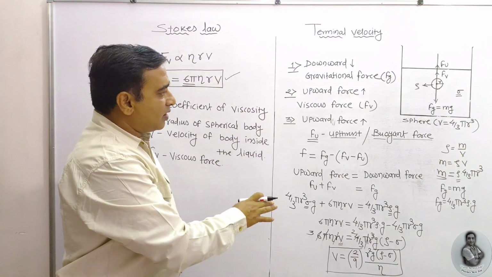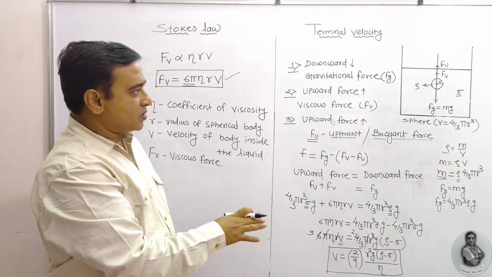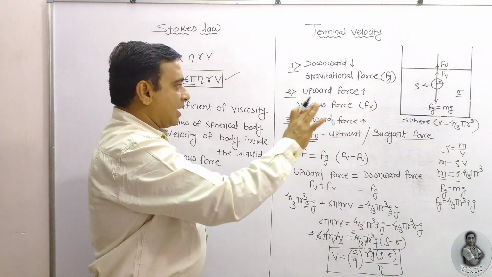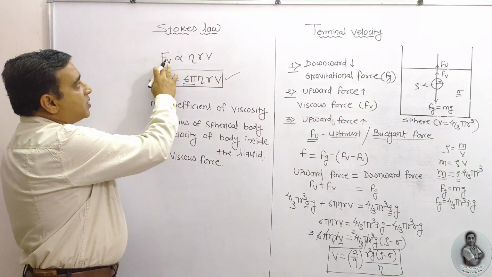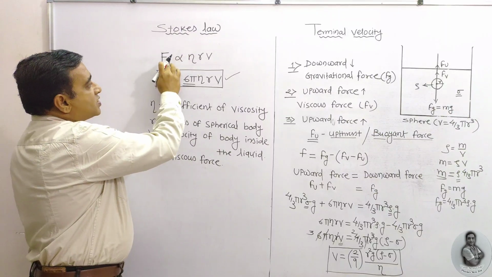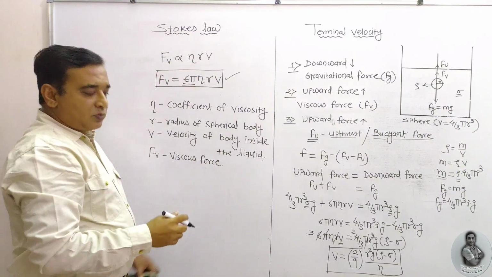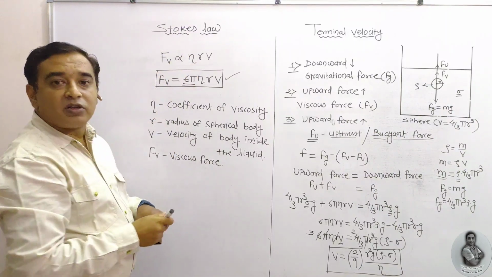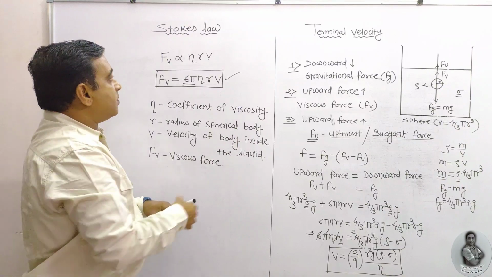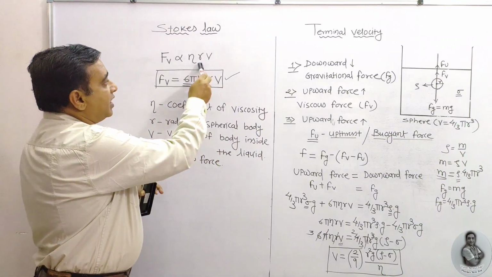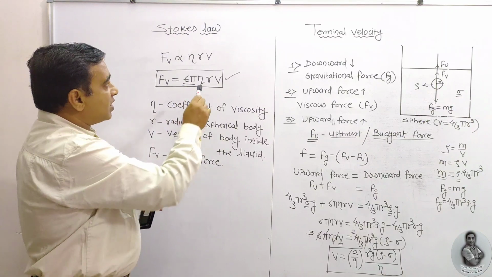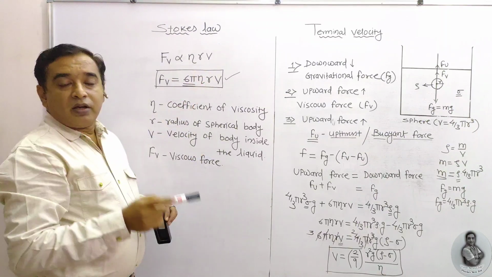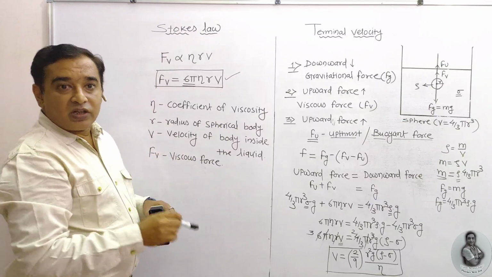This is your final equation for the buoyant force. Once again, highlights. In case of Stokes' law, the viscous force depends upon the coefficient of viscosity of the liquid. It depends upon the radius of the spherical body, and v, the velocity when it passes through the liquid.